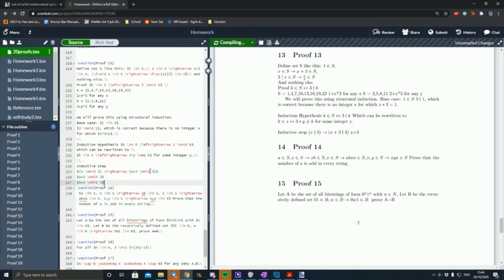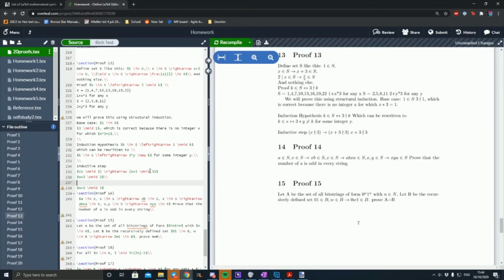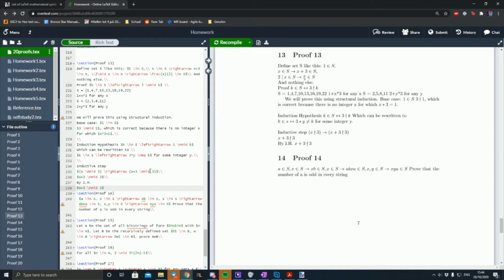And we can then say that by the induction hypothesis, we know that x is equal to, so like if k is in S, then, let's see how.